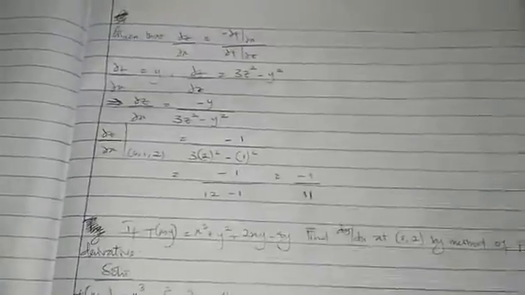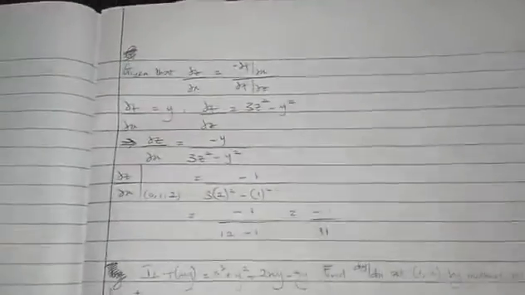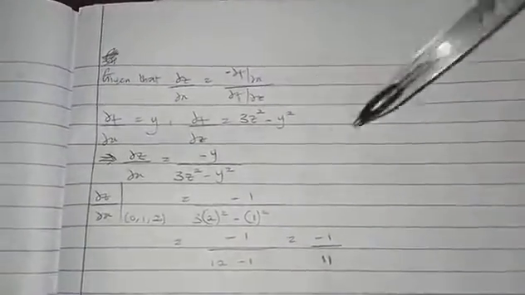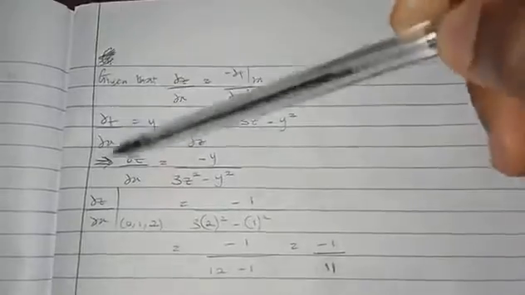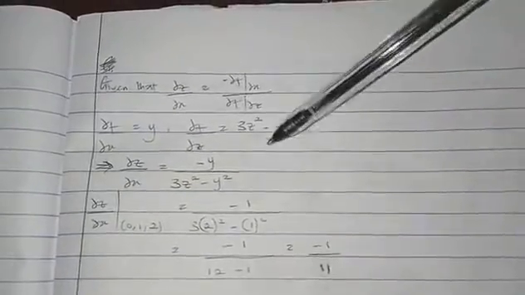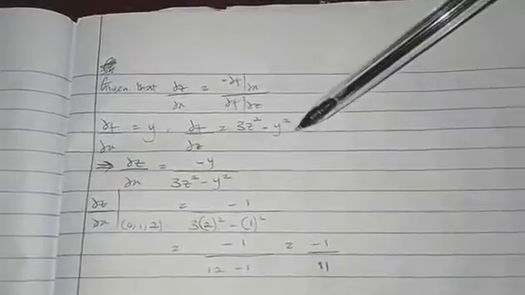And then for partial z over partial x, the formula is minus partial f over partial x all over partial f over partial z. The partial f over partial x is equal to y. The partial f over partial z is equal to 3z squared minus y squared. Let's look at it together and see how we got the answer.